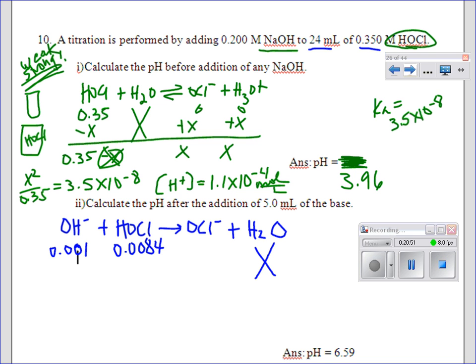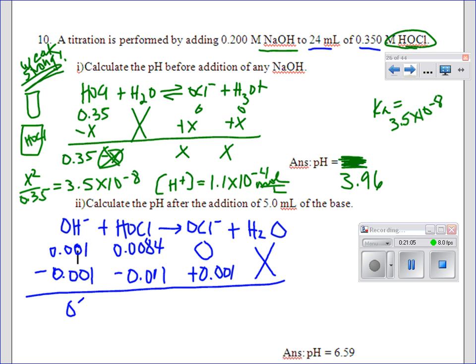So we have none of the OCl minus at first. How much are we going to lose? 0.001, lose 0.001, gain 0.001. We get rid of all our base. Our base is used up, leaving us with 0.0074 moles of this and 0.001 moles of that.